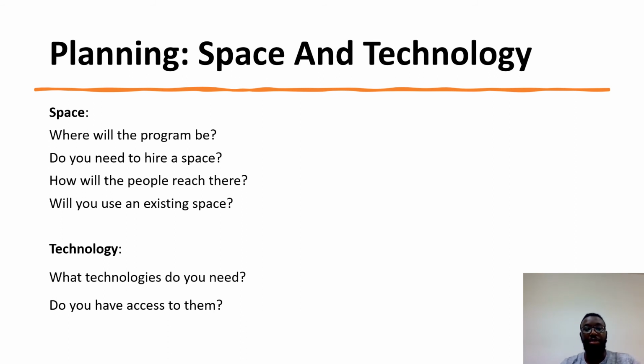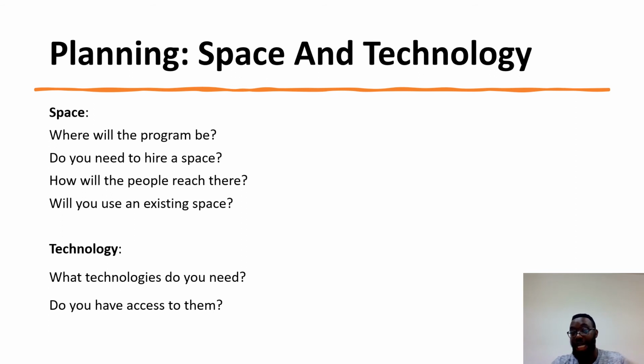So you need to think about the space, and while thinking about it, there are things that will determine where you will be executing your program. You've made an assessment of your population, your community. What is the population you are targeting? How many people are you targeting? Are you going to have them all in one place, or is it going to be a one-day program where everybody will come?